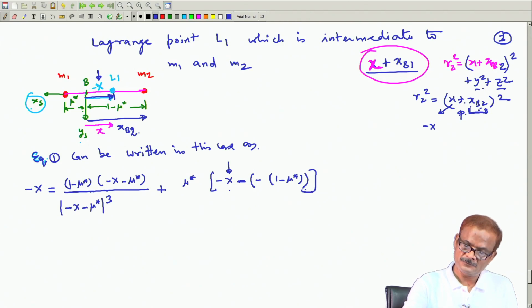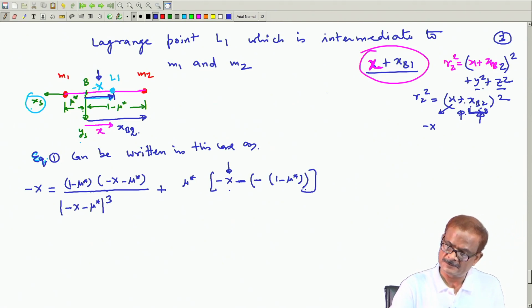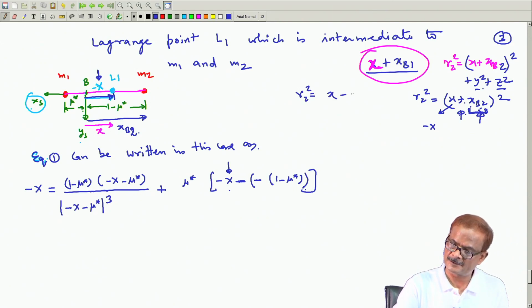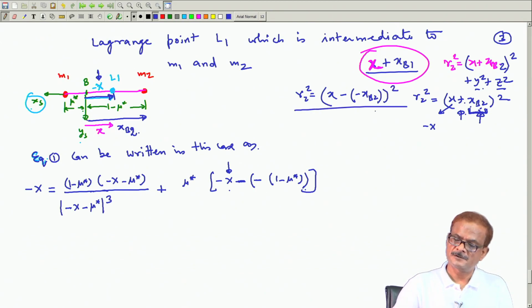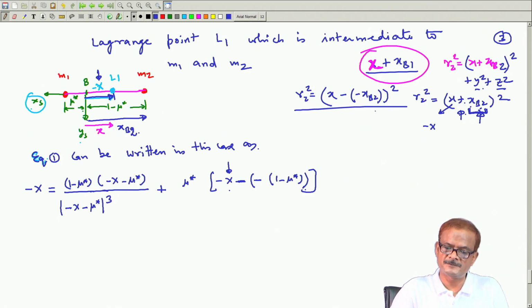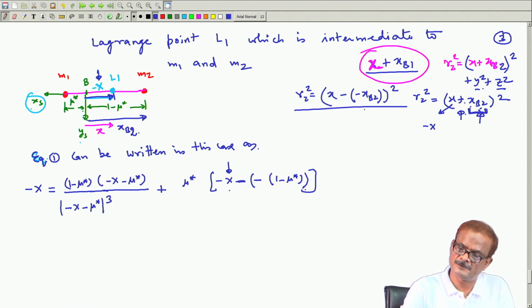So, x b 2 we write it by minus, see this quantity r 2 square, this is now here x minus x b 2, because it was in negative direction, it is a result of this. If you remember, in the beginning once we have started working for the restricted 3 body problem, we wrote at this stage in this way.